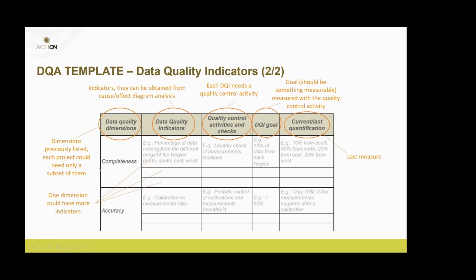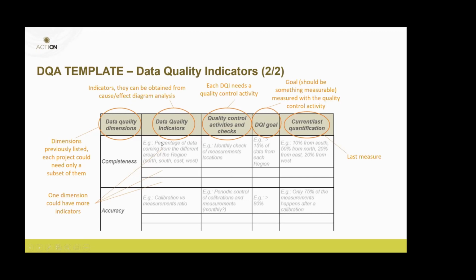Then for each dimension, I search for some quality indicators. I can investigate quality indicators also from my previous table. If I see, for example, that there is an instrument in the previous table, then related to the instrument I can find as quality indicator the calibration versus measurement ratio, for example. This is an example.